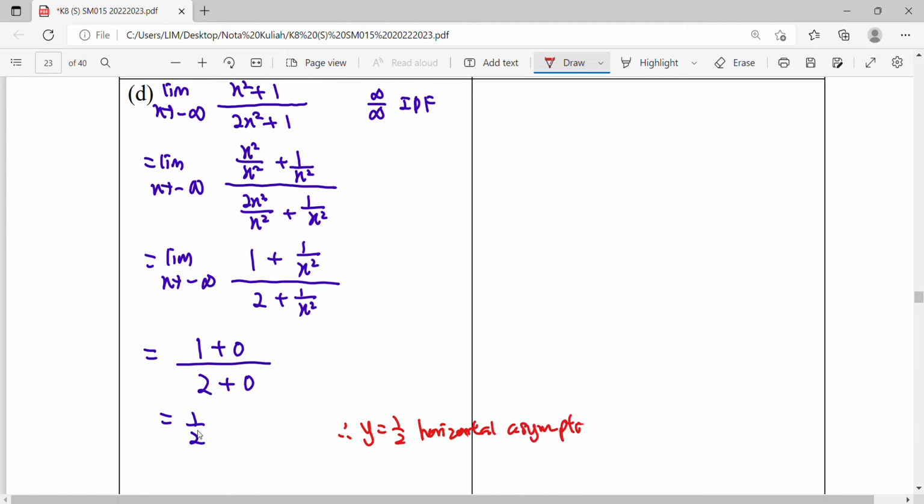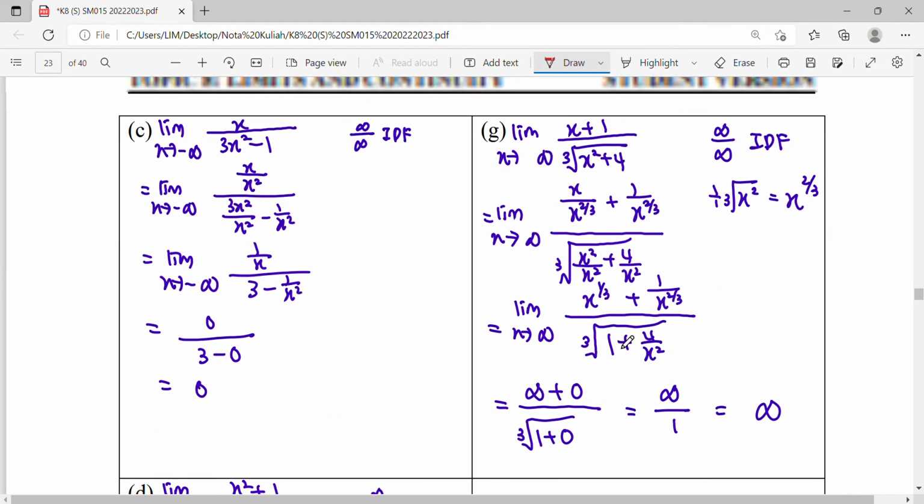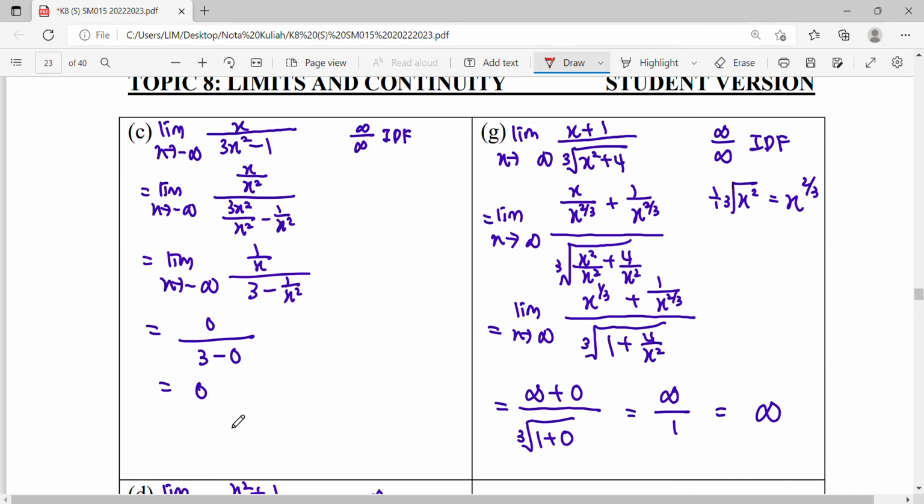Okay? Buat catatan. So ada gunanya apa yang kamu kira sebelum ni. So like this, y equals to 0 will be your horizontal asymptote for this function.